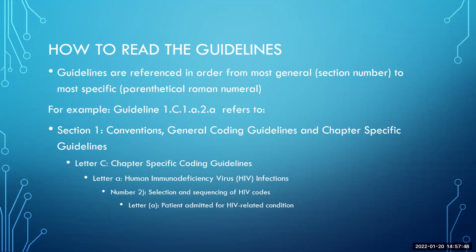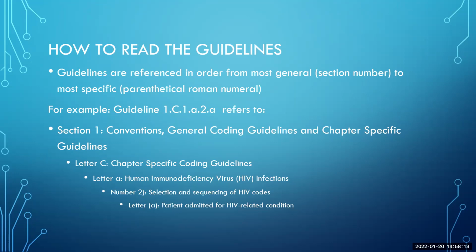Okay, so for example, if I gave you the guideline 1C1 A2A, that's going to tell you that you're going to look in section 1, which is one of the biggest sections. It's conventions, general coding guidelines, chapter specific guidelines. Then that goes to letter C, which is the chapter specific guidelines.